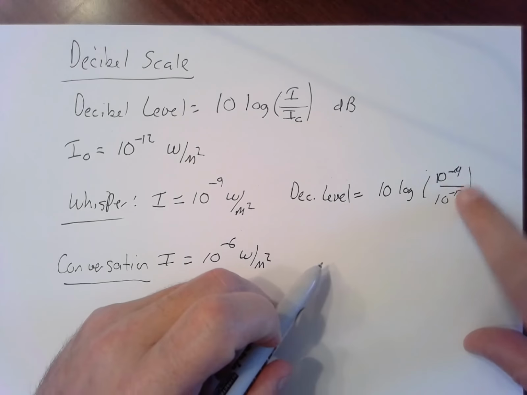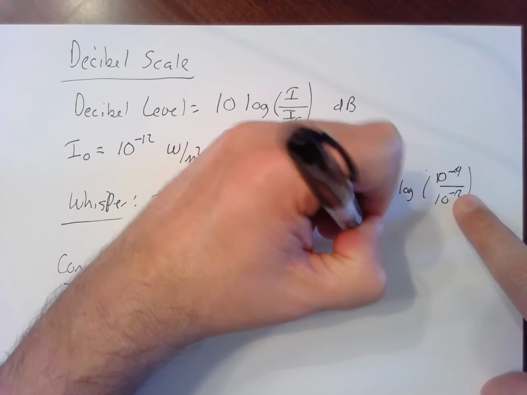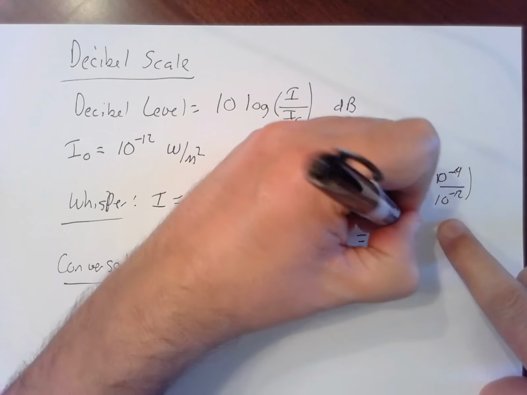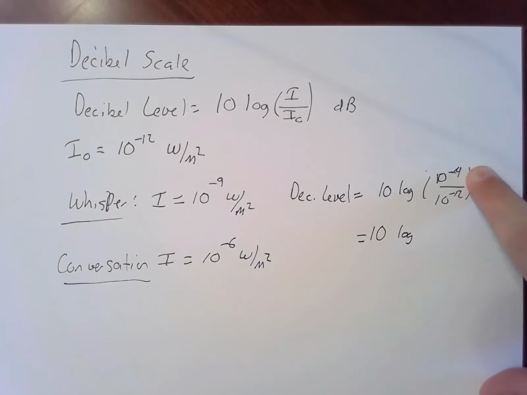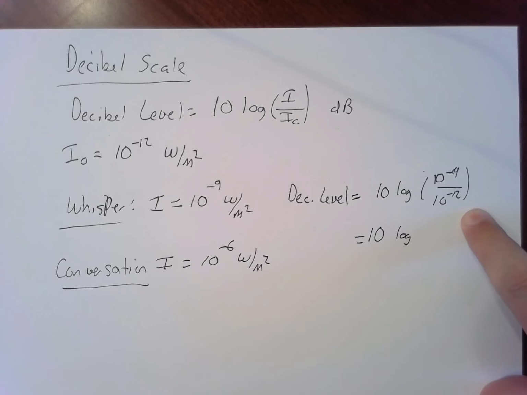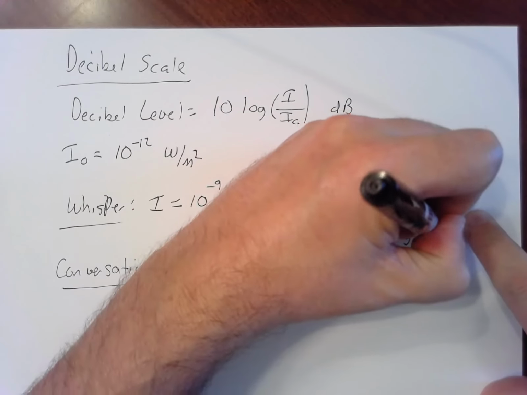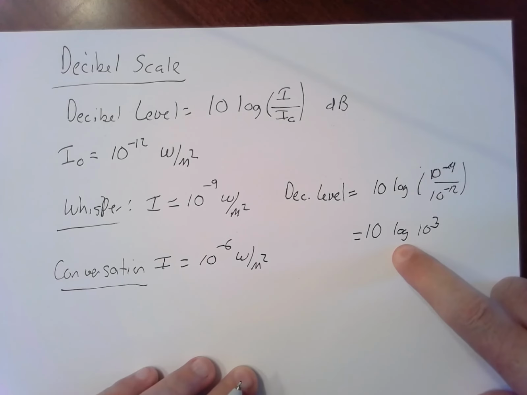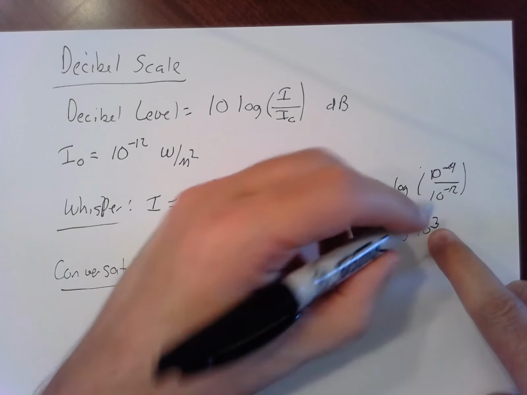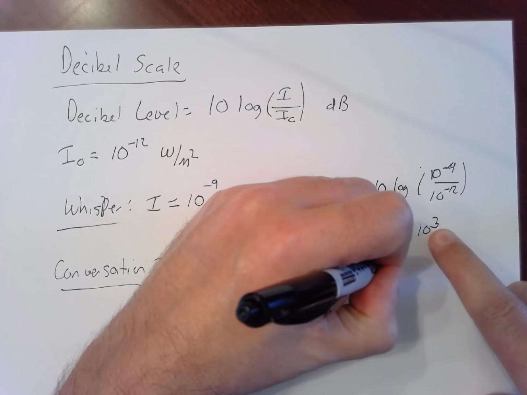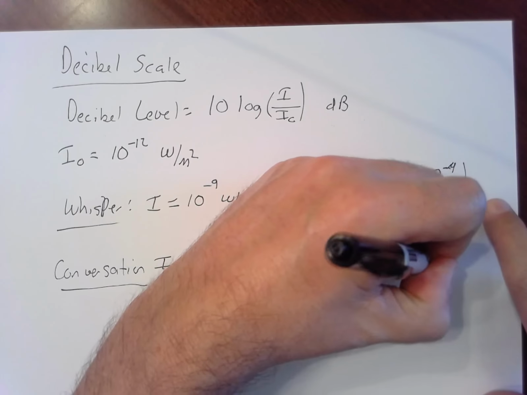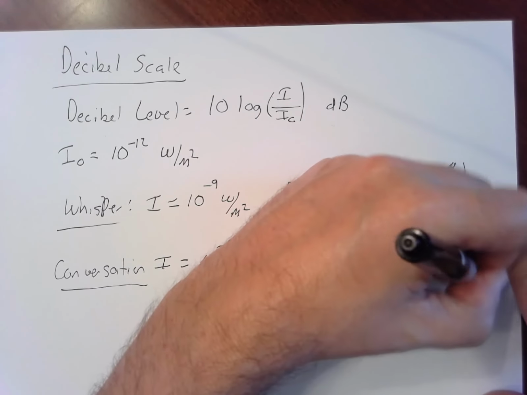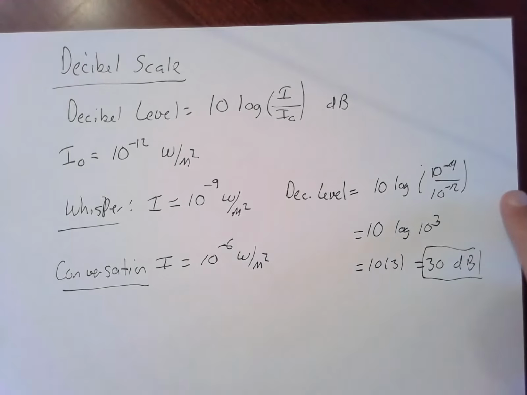Okay, we'll clean up our exponents here. 10 to the negative 9th divided by 10 to the negative 12th is 10 to the 3rd. Common log, that's log base 10 of 10 to the 3rd is just 3, so we get 30 decibels. A whisper has a decibel level of about 30 decibels.